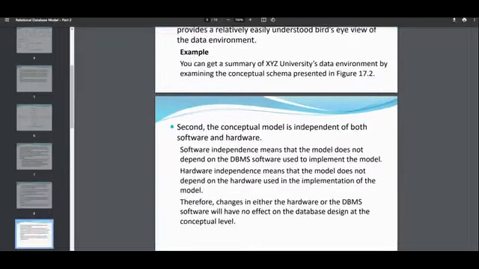So read these things. Conceptual schema, I hope you can understand the definition.